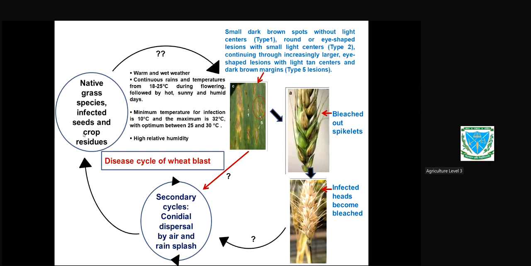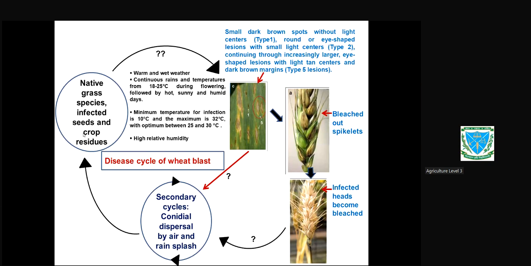The answer is, most of the cases, you have to remember, in case of wheat, we can notice the symptom only in the head. But in case of rice, you can notice the symptom in both leaf and panicle. Clear?